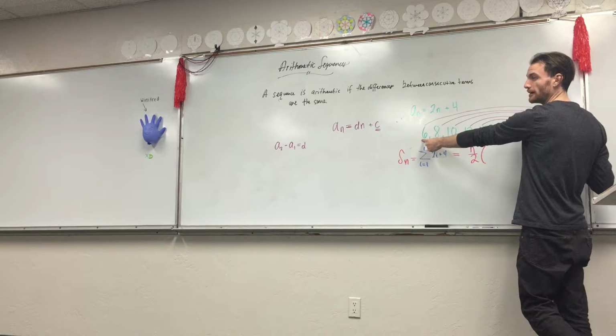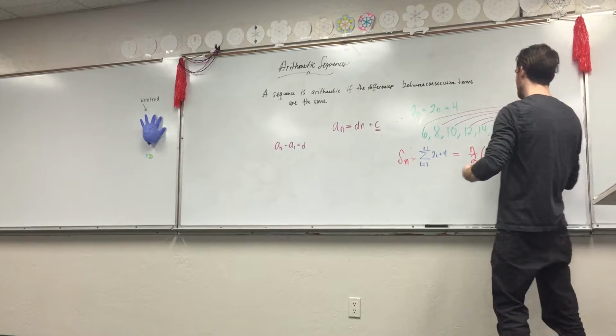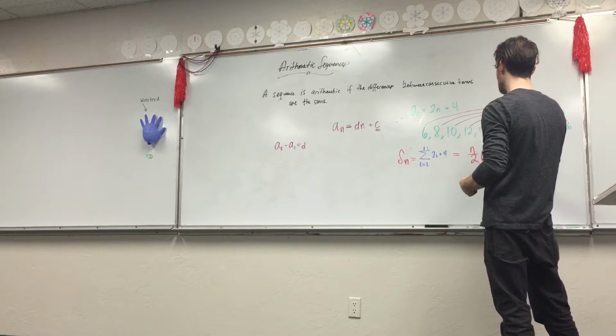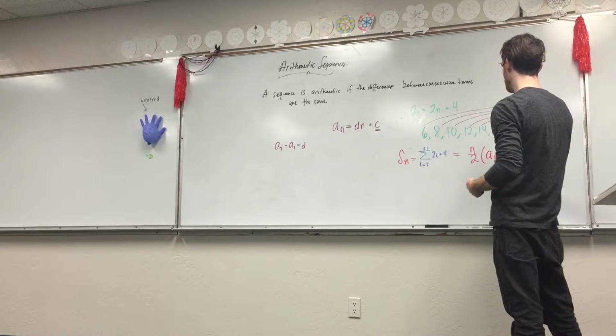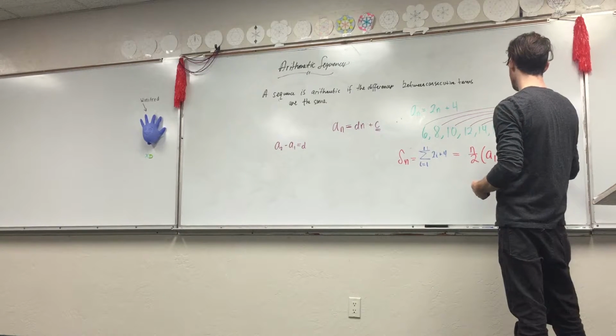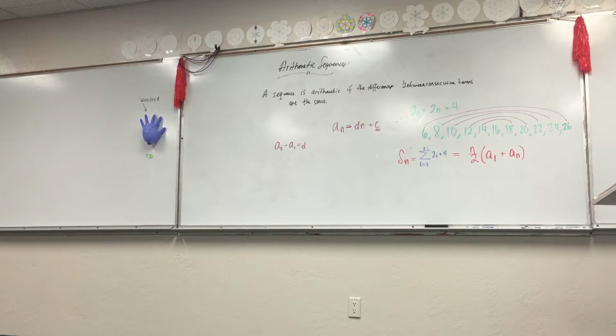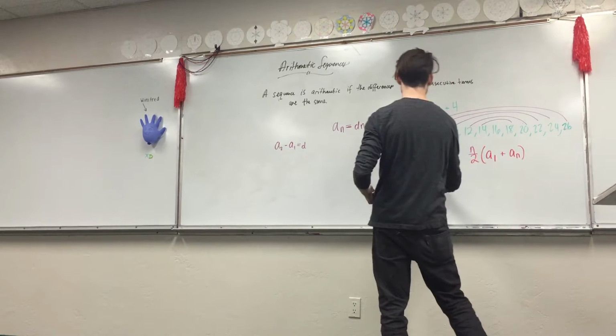But how do I know that the number is 32? What do I have to add up? The first and the last, right? A1 plus A11 in this case, where n is 11. I apologize, I should have written this.